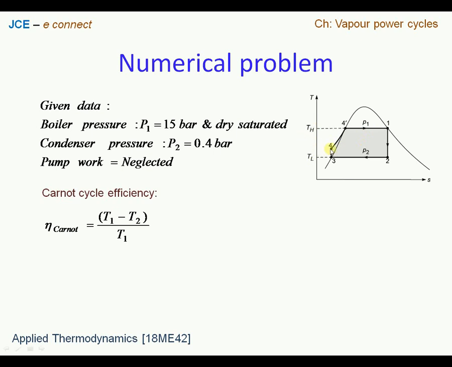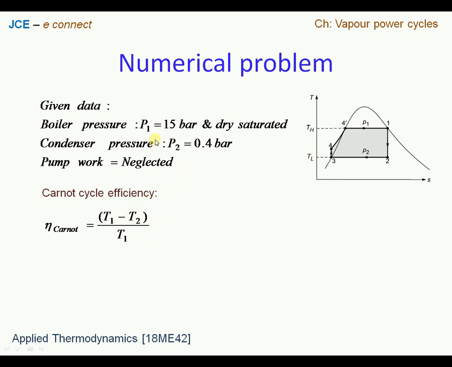TH corresponds to the high temperature at which heat was supplied to the steam in the boiler, and T2, which corresponds to TL, is the low temperature at which heat was rejected in the condenser. Now one has to find the values for TH and TL. Here it is T2 and T1.